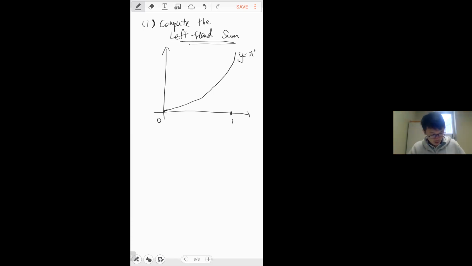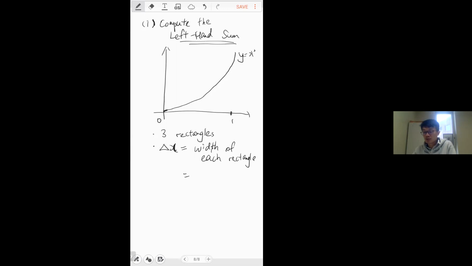Because I'm using 3 rectangles, I have 3 rectangles. First step, I want to compute the width of each rectangle. My notation, delta x, is the width of each rectangle.